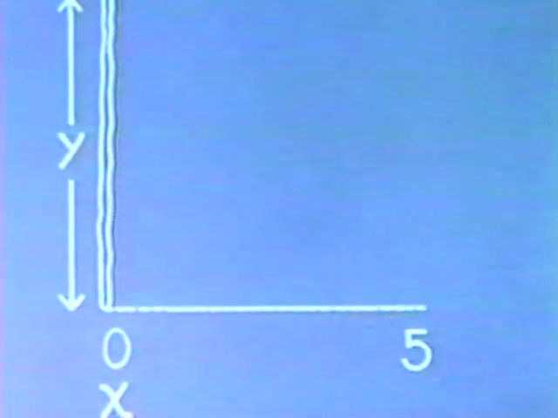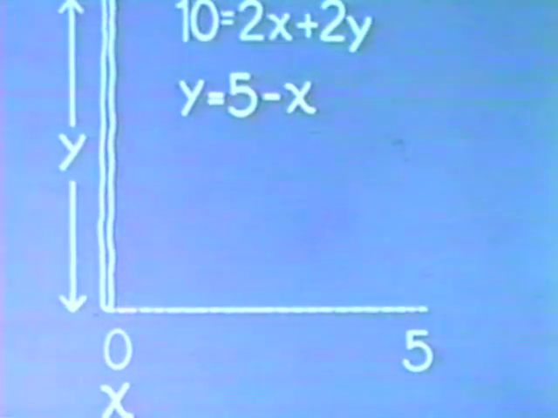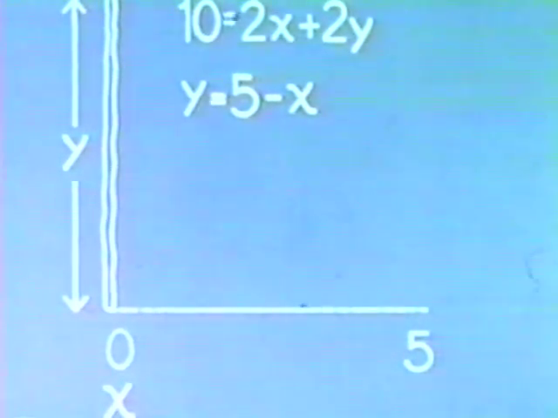I wouldn't need to know both, because the string's length is 10, and that's the total length. So, if I know x, I know y. Just solve. y is 5 minus x.